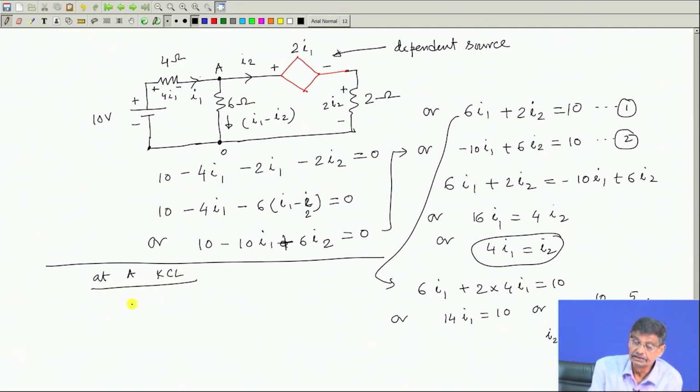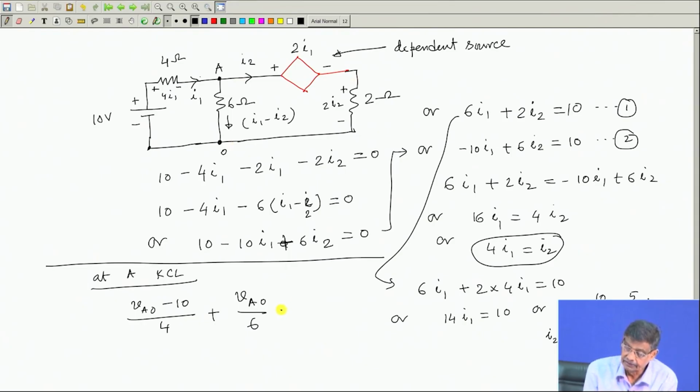will be V A 0, potential of A with respect to O, O is reference point, minus 10 divided by 4 plus V A 0 divided by 6 is this one, and plus current in this branch.